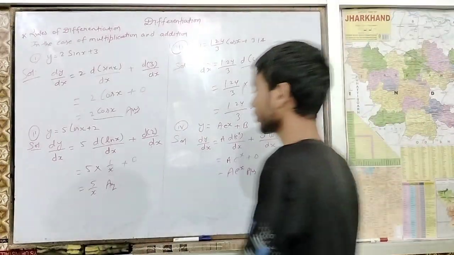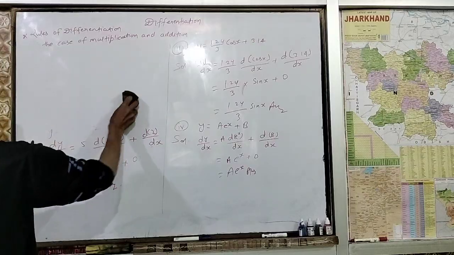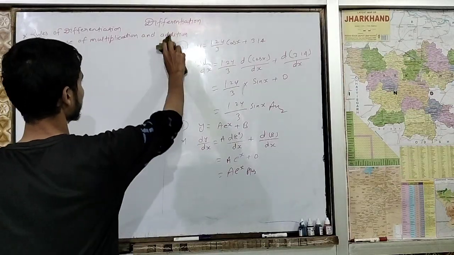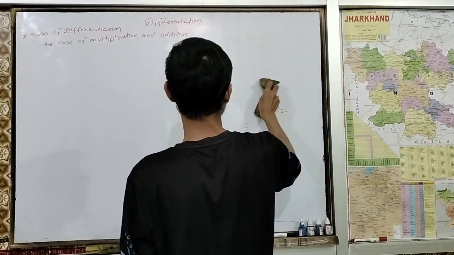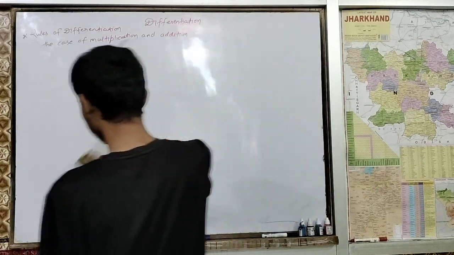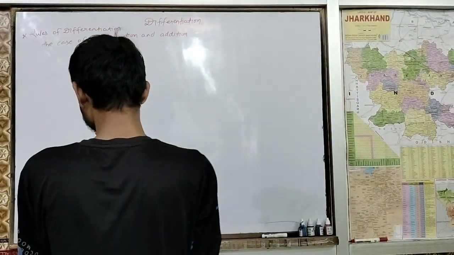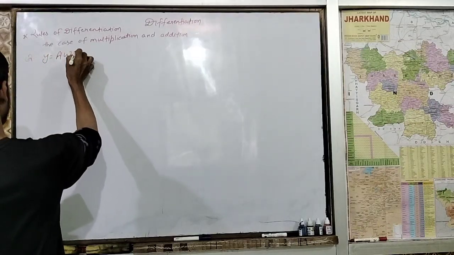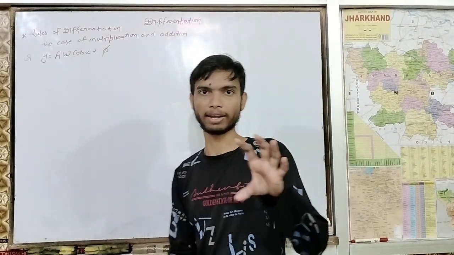Next question, let me write. Next question. This y is a cos x plus 5.